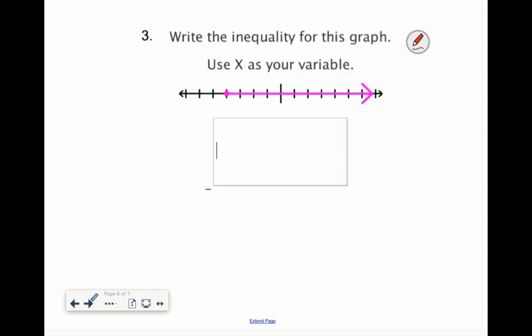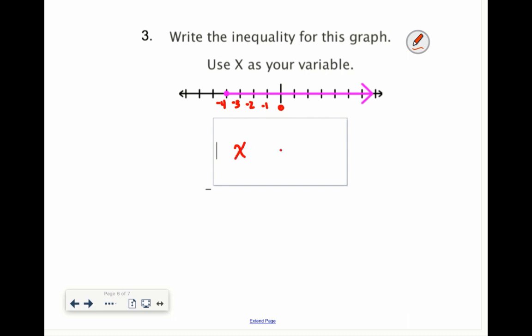Example 3. It says write the inequality for this graph. Use x as your variable. GMM is going to tell you what variable they need you to use. If we look at our graph, we're going to count. This is 0 here. If we go, this is -1, and this is -4. We know we have an x, so we're going to type an x in there.